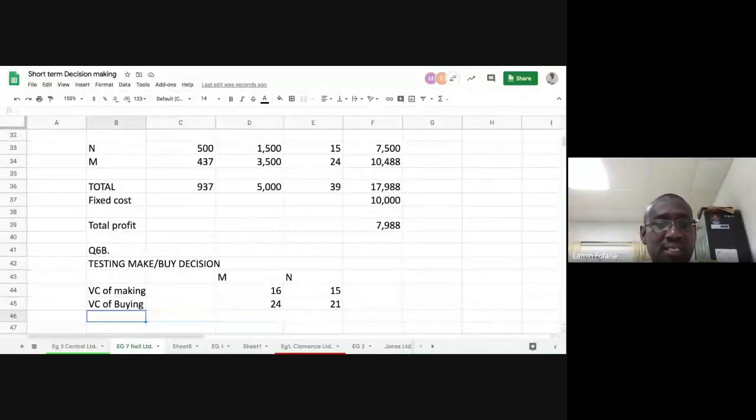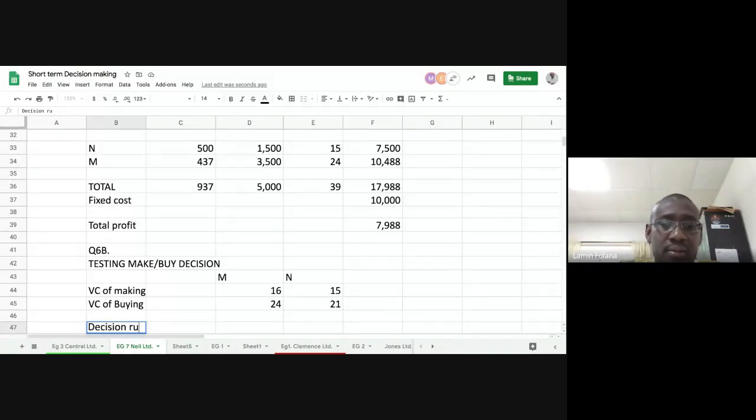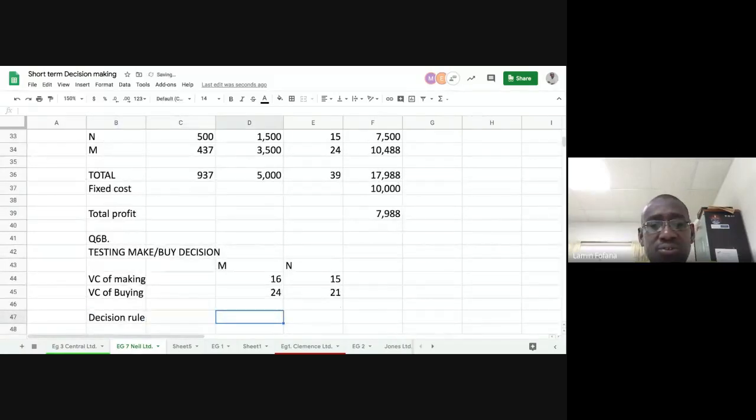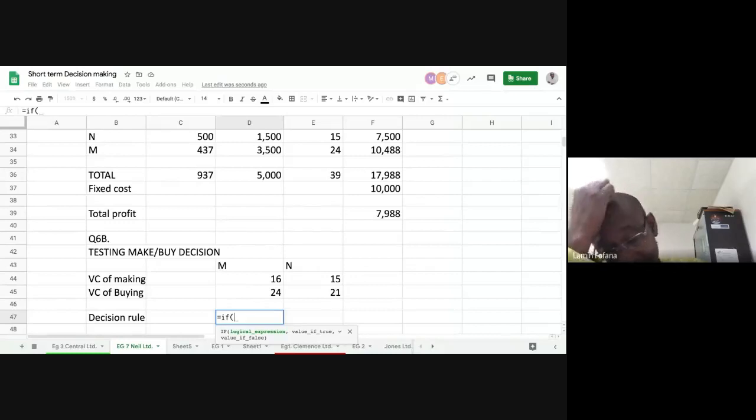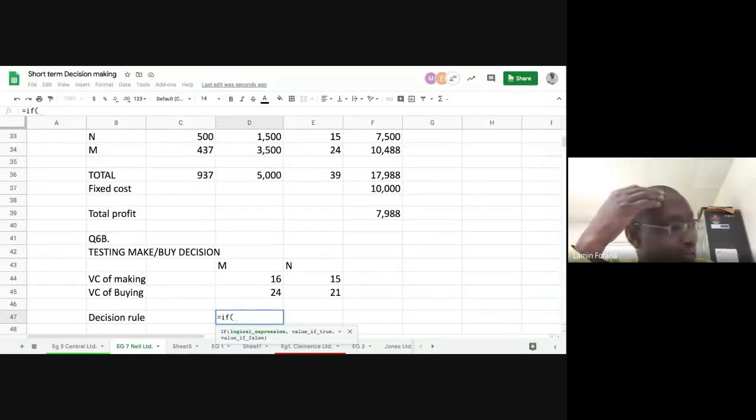So based on this, should we make or should we buy? We can state our decision rule. We do our IF formula once more. Can someone help us, how do we do the IF function here again? Where is Katim? Katim is not on today.